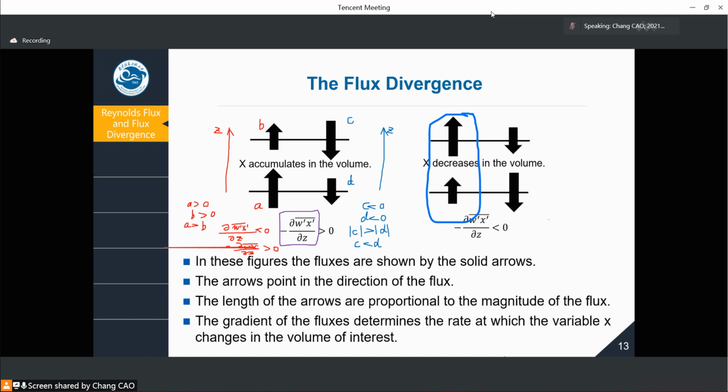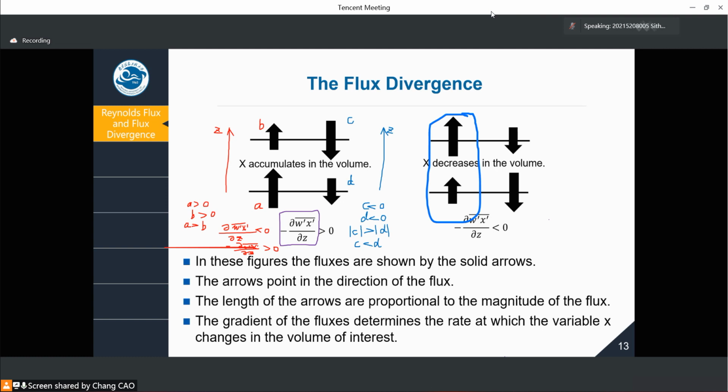Does the direction of the arrow represent positive or negative? Positive, because the direction of the arrow is upwards. Great. Okay, you can continue.